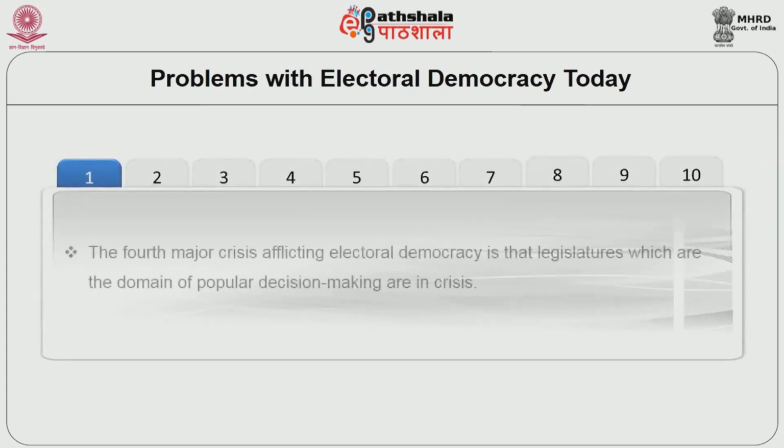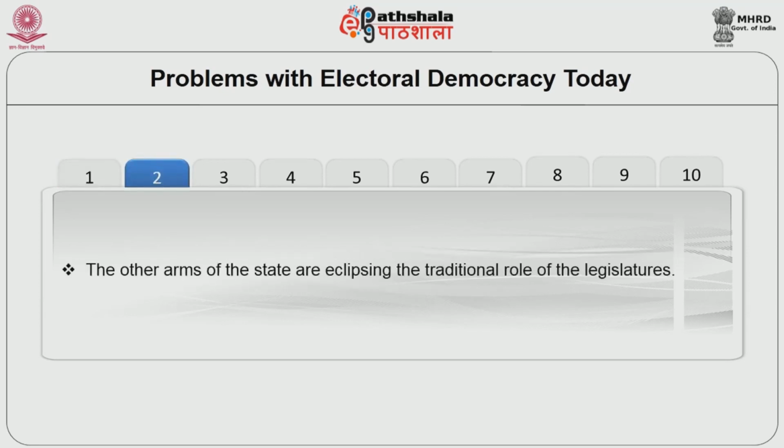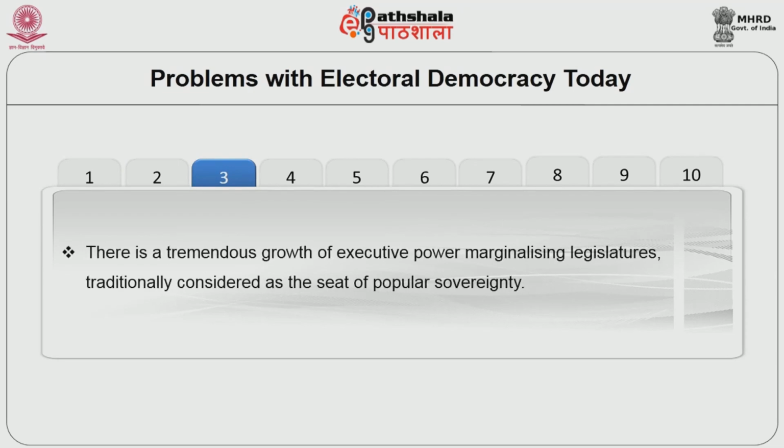A fourth major crisis afflicting electoral democracy is that legislatures, which are the domain of popular decision making, are in crisis. Firstly, the other arms of the state are eclipsing the traditional role of the legislature. There is a tremendous growth of executive power, marginalizing legislatures, traditionally considered the seat of popular sovereignty.